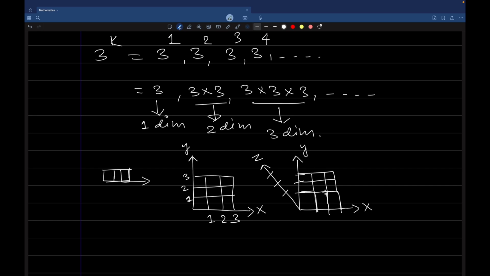We will get two similar layers at the back side in the z direction, so it will be 9 plus 9 plus 9, that is 27.